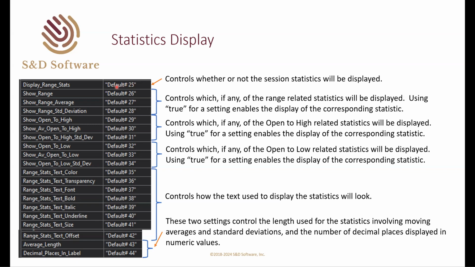So for instance, if I was to put true in this setting to turn on the display of statistics, I would put the word true starting immediately after the first quote mark, and then I would put a pound sign after it. So the pound sign would then make everything after that a comment.